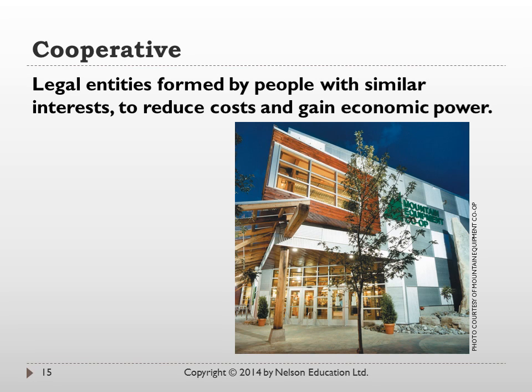The third differentiating characteristic of a cooperative from other forms of business organization is the allocation of profit. So whereas in a corporation, if I own 50% of the shares of a corporation, I'm entitled to 50% of the dividends that would be paid by the corporation.